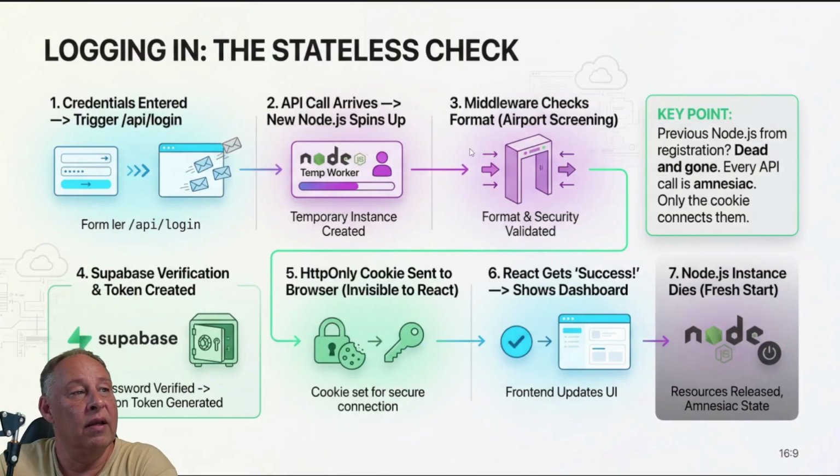Now, the first word that you'll see here is stateless. What does stateless mean? Well, stateless simply means that when Node.js spins up a new worker, and even if it spins up 15 new workers especially for you in the last 10 minutes, it will not even know who you are.